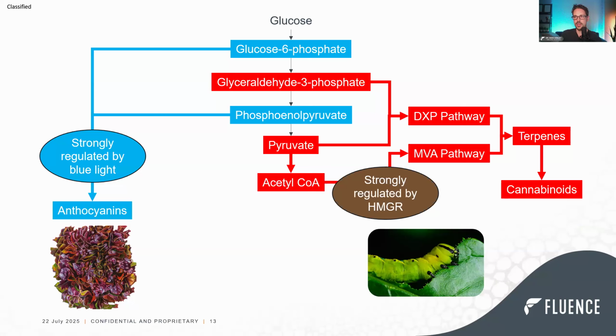And this enzyme is upregulated in response to mechanical stresses in the plants, like wounding. A great example is herbivory, like you're seeing in this picture here with the caterpillar. So very different things. And again, blue light isn't doing a whole lot to regulate those pathways to the right.